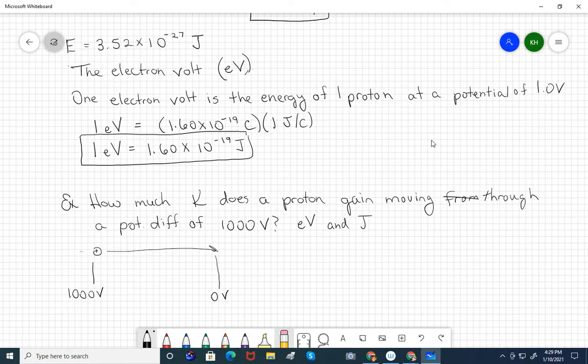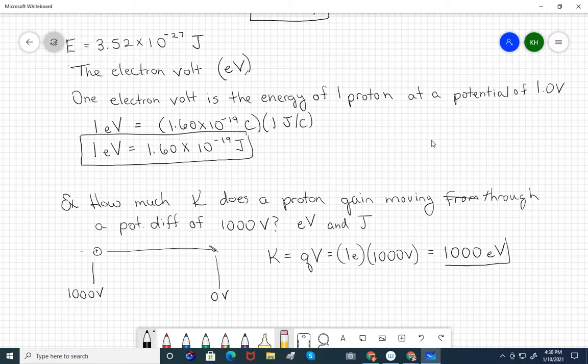How much kinetic energy does it gain? It gains the amount of work done. It gains QV. In terms of electron volts, that's one electron charge, 1e, times 1,000 volts. It gains 1,000 electron volts.